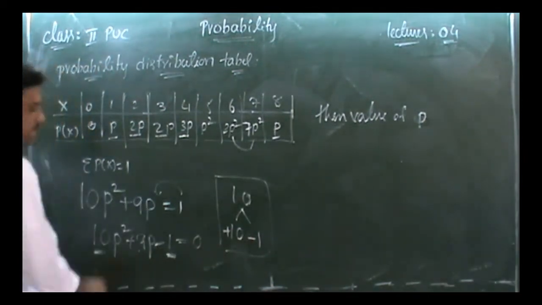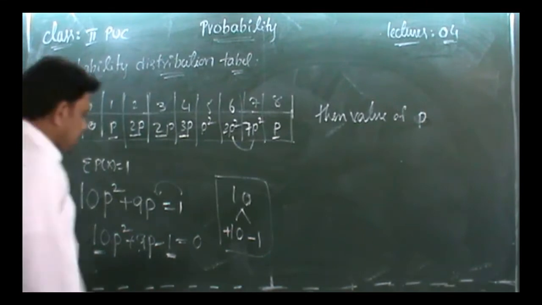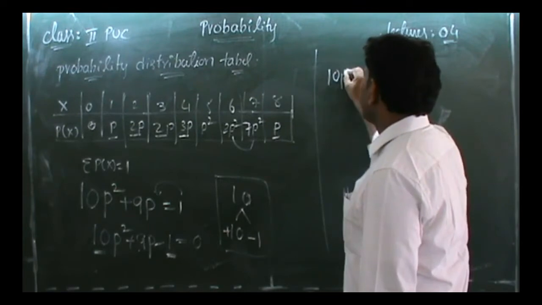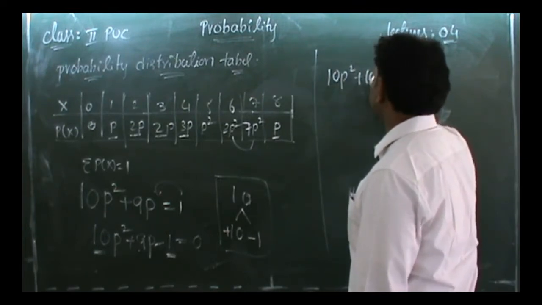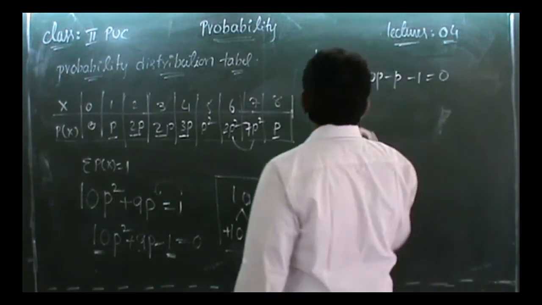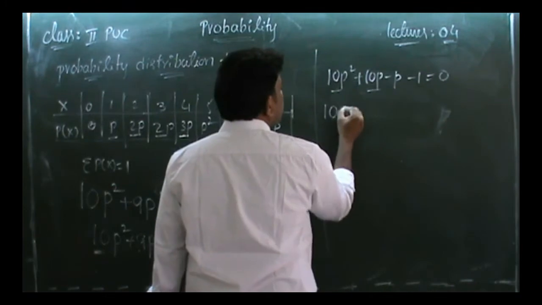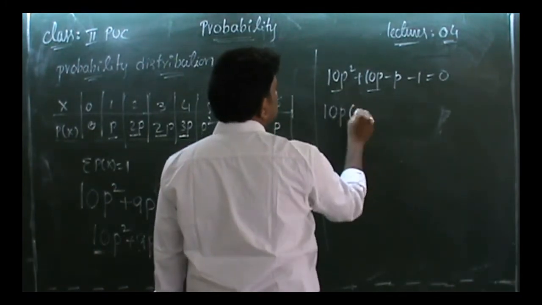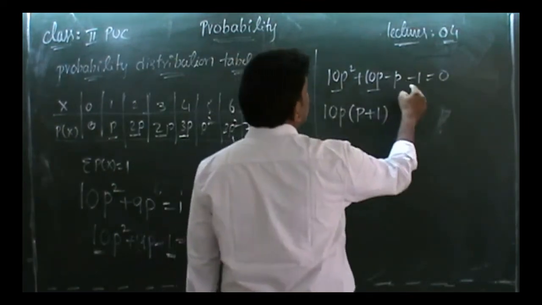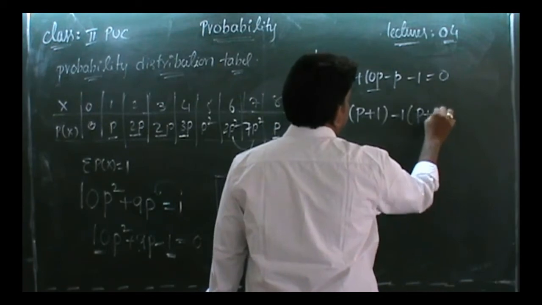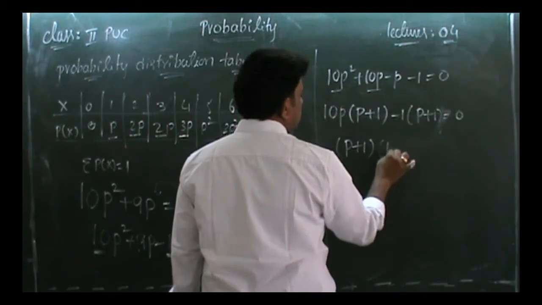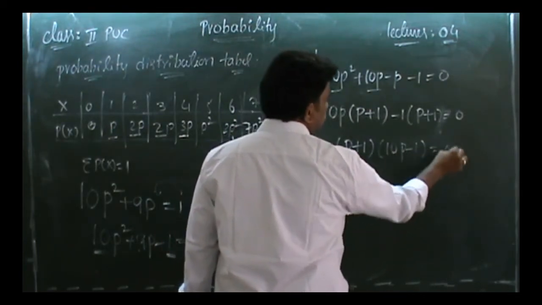Then the factorization is 10P square, and this 9P we can write as 10P minus P, minus 1 equal to 0. Here we can take 10P common: out of 10P square, 10P common, P is left; out of 10P minus 1, 1 remains. Here and here take minus 1 common, then P plus 1. So one factor is P plus 1, another is 10P minus 1, equal to 0.